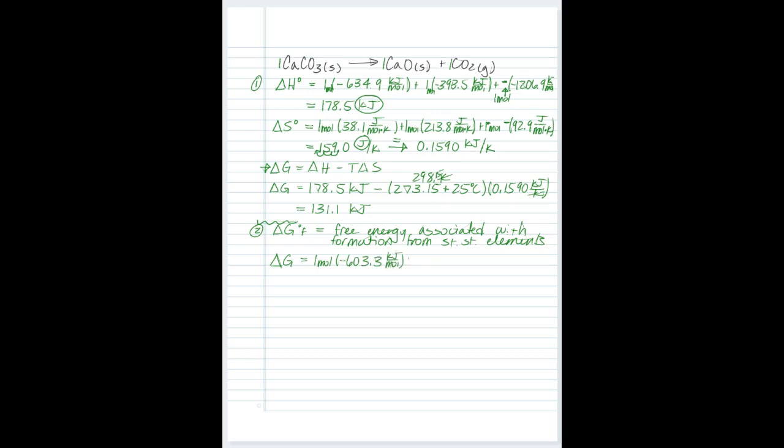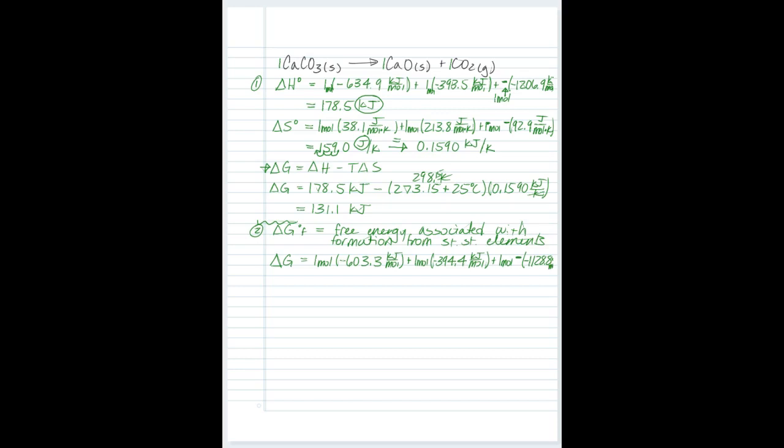Okay, I'm going to add that to 1 mole times the delta G of formation of carbon dioxide, which is negative 394.4 kilojoules per mole. And I'm going to add that to 1 mole times the negative of the reactant, which is calcium carbonate, which is negative 1128.8 kilojoules per mole.